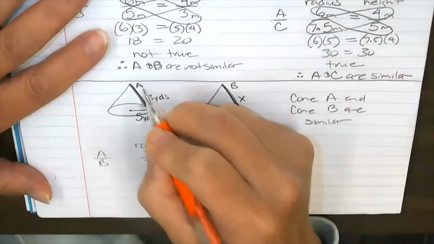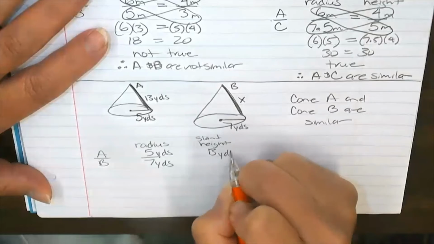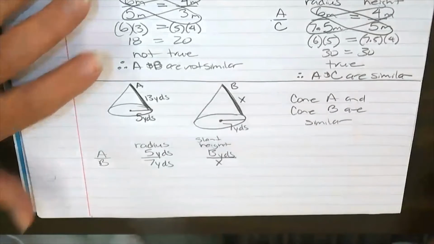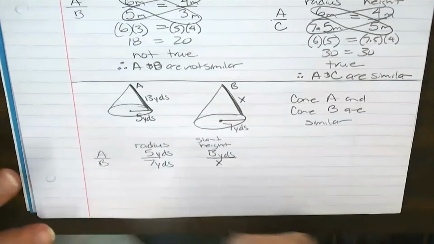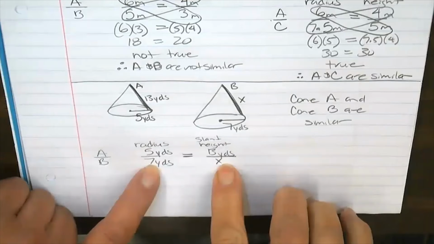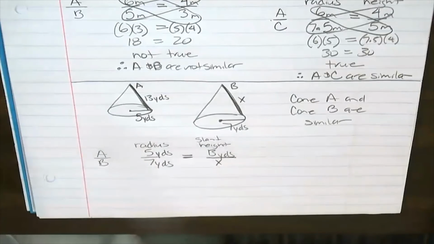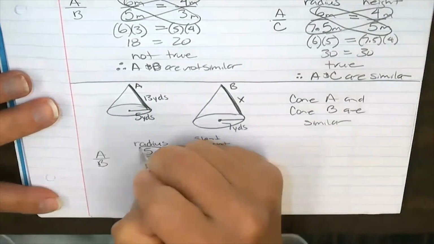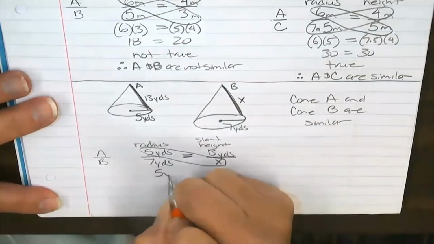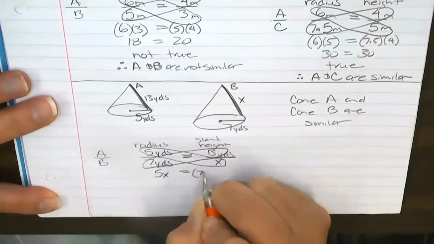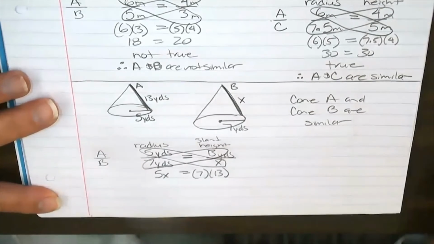The slant height of A is 13 yards, and the slant height of B is X. Now, because they're similar, they are equivalent fractions. So we can cross multiply. 5x is equal to 7 times 13.